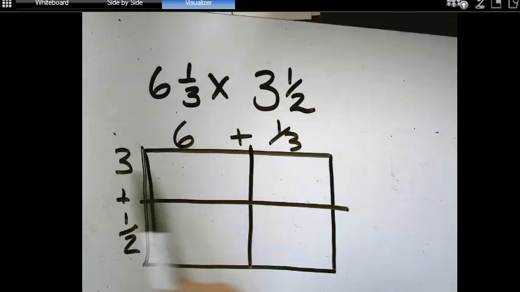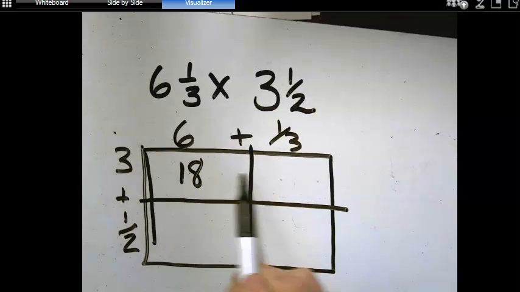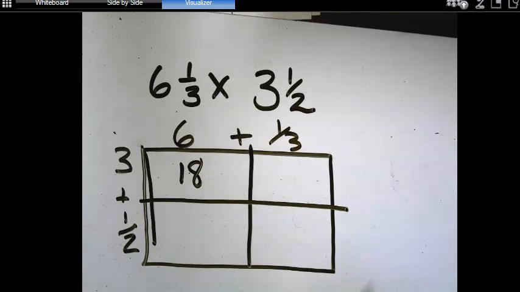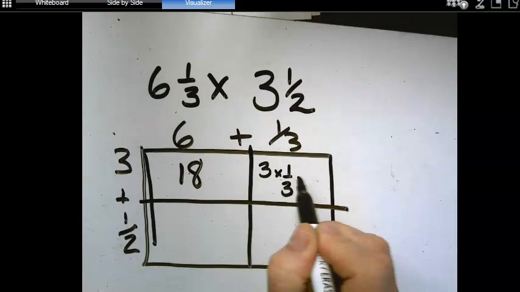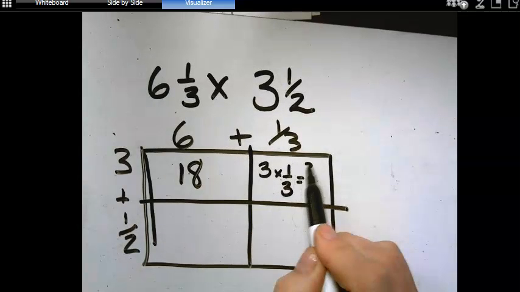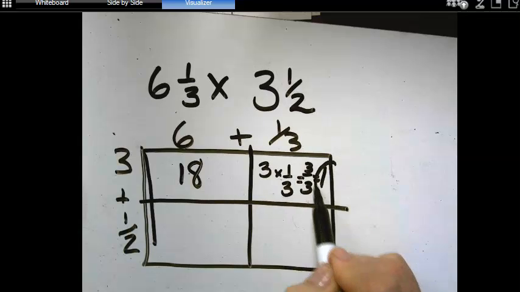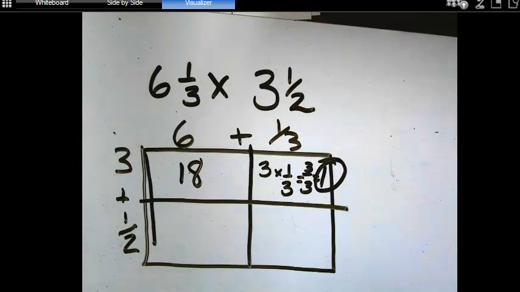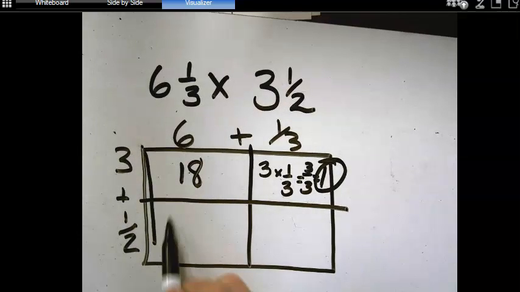Then I'm going to multiply my 3 times my 6 and get 18. And then here I need to multiply my 3 times my 1/3. And the 3 times 1 is 3 over 3, and that's going to end up equaling 1. Let me circle that so I don't lose my answer there. It's 1. Then we have 1/2 times 6.